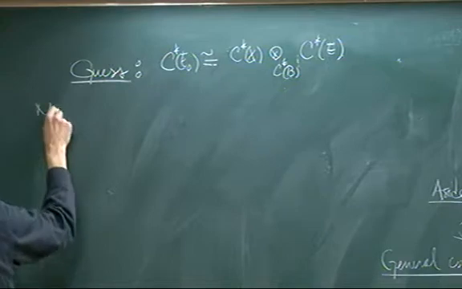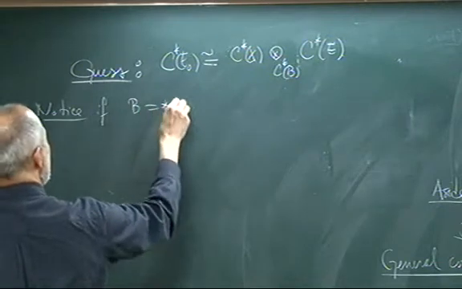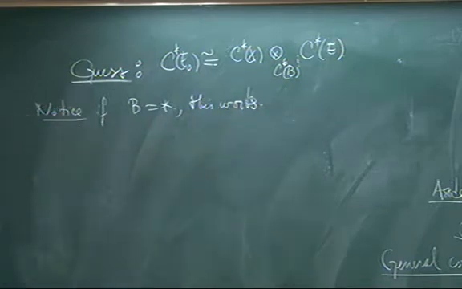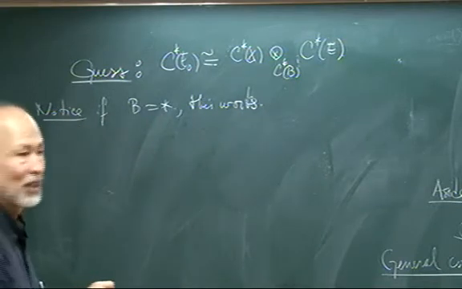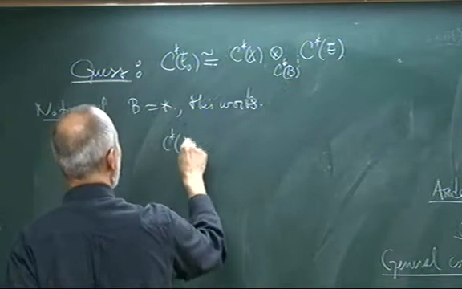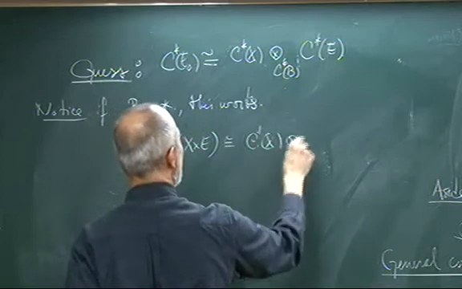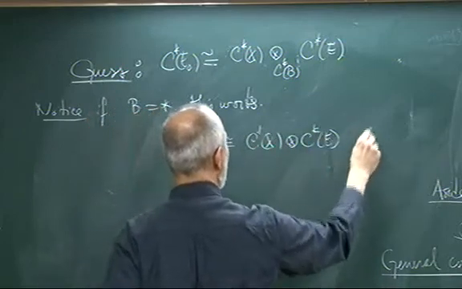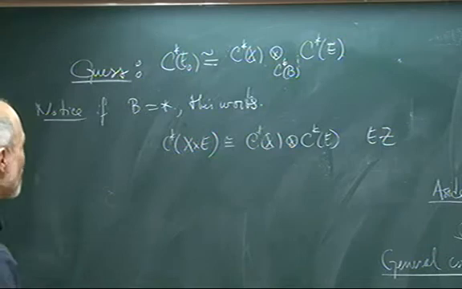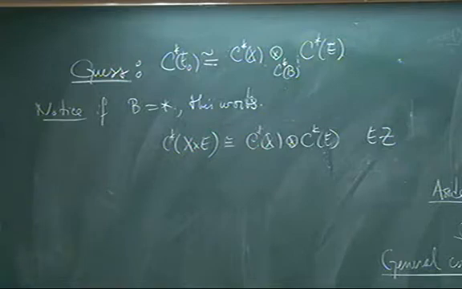So let's notice if B is just a point, this works, because then the pullback will be X cross E, and that will be isomorphic to C star X tensor C star E. This is the Eilenberg-Zilber theorem, and so the Eilenberg-Zilber theorem is a situation in which your first guess turns out to be correct.